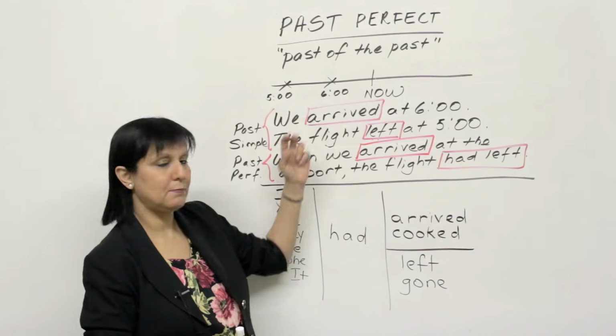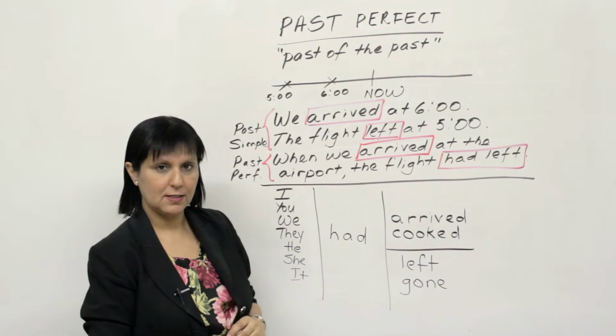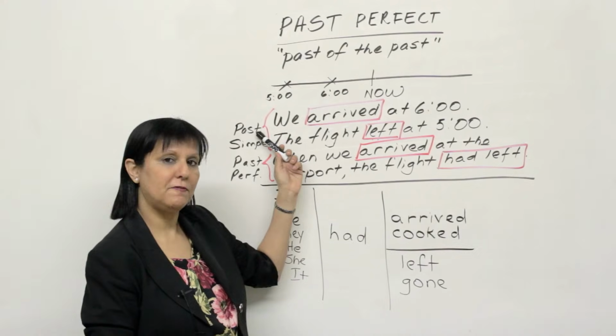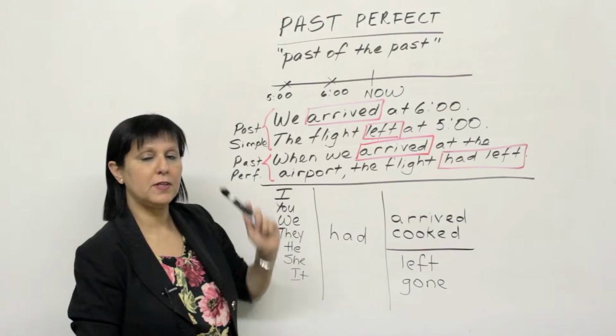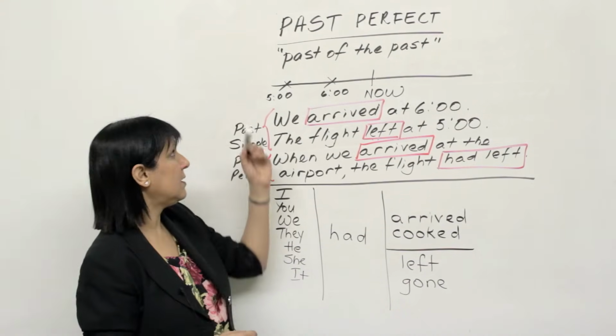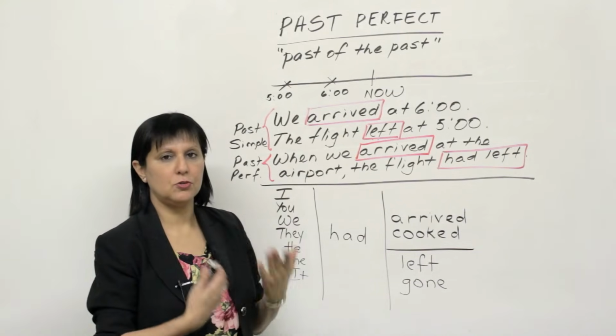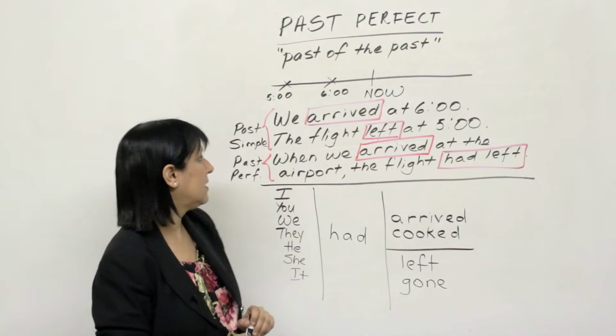So we have an example of two events that happened, both of them in the past, but one happened before the other. That one which happened before the other is the one where we are going to use the past perfect tense to describe, all right? Let me show you exactly what I mean.